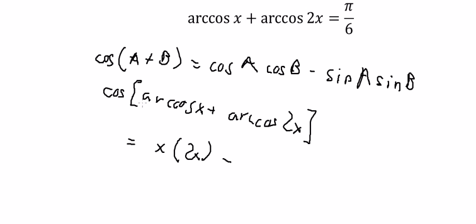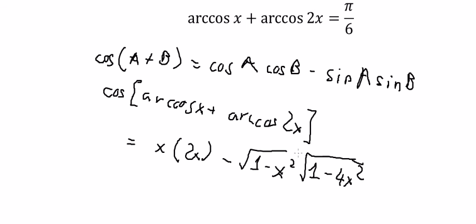If we put a cosine x in sine A, you will get the square root of 1 minus s square. This one you get the square root of 1 minus 4s square.